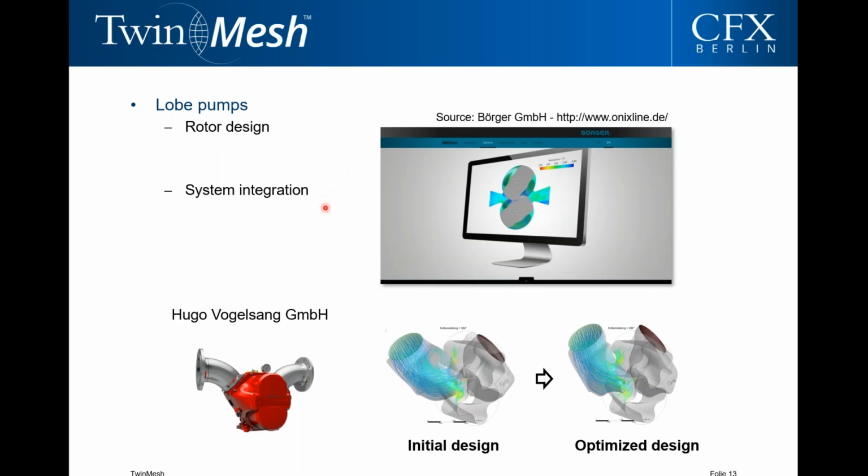For example, Hugo Vogelsang, they use our approach and they did a design optimization with Twin Mesh. Starting from an initial design, they changed the stator parts of the machine in order to get a better efficiency. And then, of course, they end up with an optimized design.